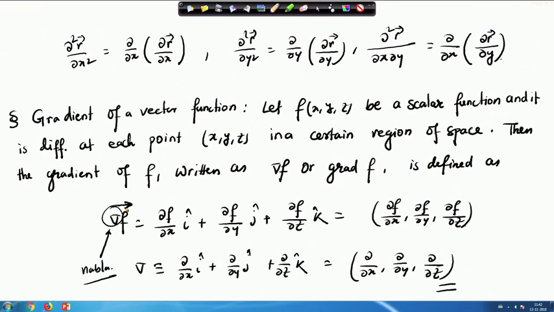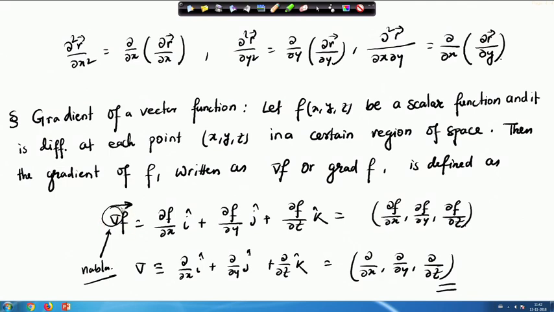In this case, you must have all the partial derivatives existing for that scalar function. We can also note that the gradient of a scalar field defines a vector field.